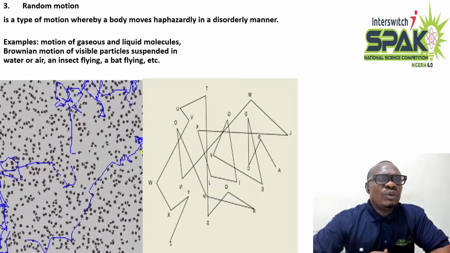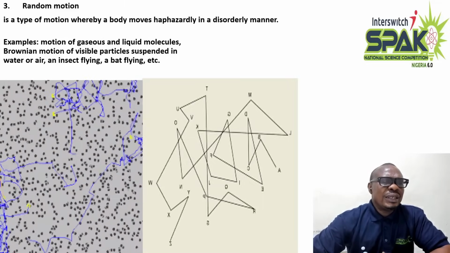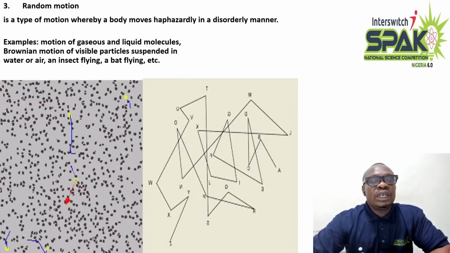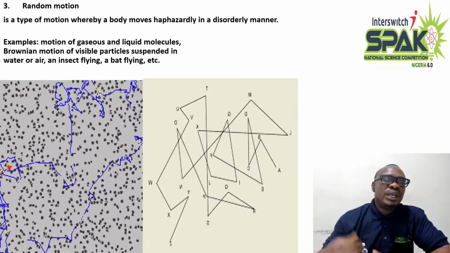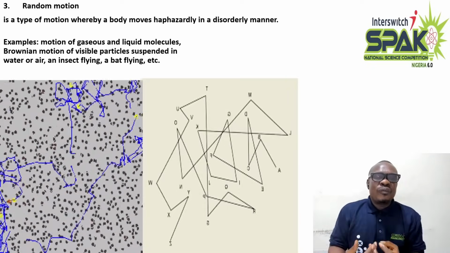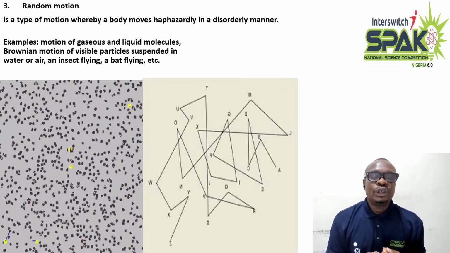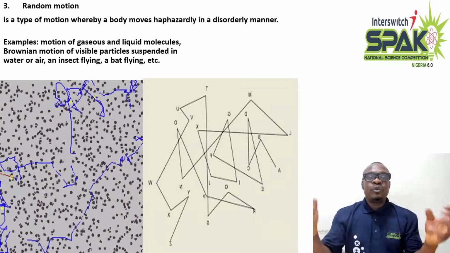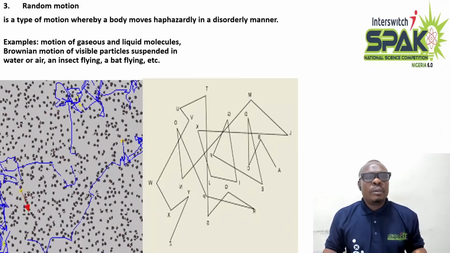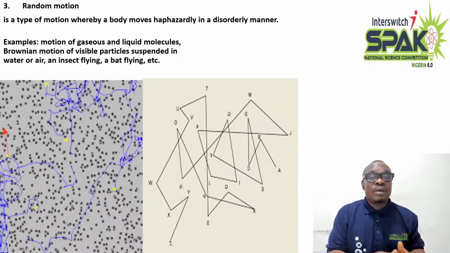Now you should understand that not all random motion is Brownian motion, because when you look at the definition of Brownian motion, it is the rapid irregular movement of tiny, microscopic particles due to the bombardment of the fluid in which they are suspended. So that is Brownian motion. But an ant in search of food is not microscopic.